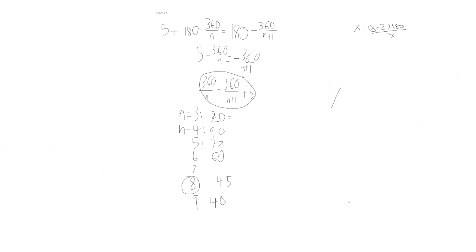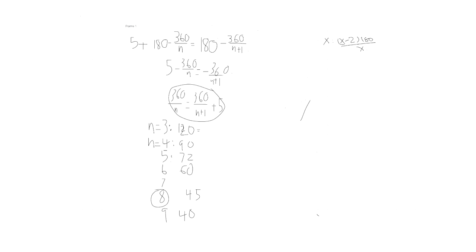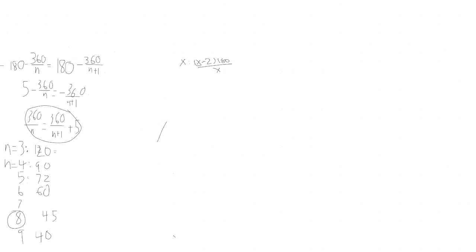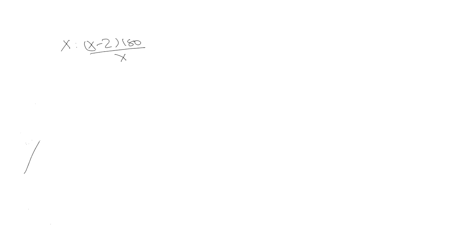The interior angle of the bigger one, with x plus 1 sides, is x plus 1 minus 2 over x plus 1 times 180 degrees, which is equal to x minus 1 over x plus 1 times 180 degrees. The one for the smaller one is x minus 2 over x times 180 degrees.